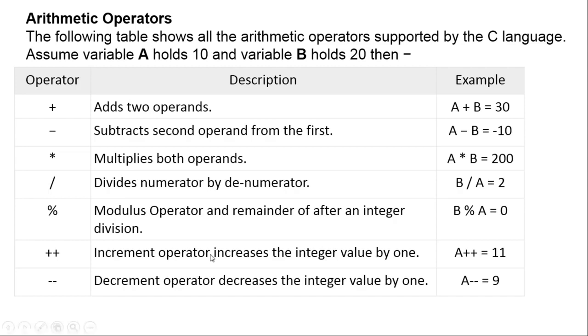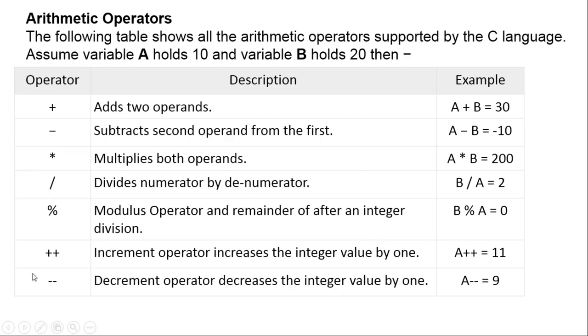Then the next operator is plus plus, the increment operator. The increment operator increases the integer value by 1. It means if I assign the value of A as 10, then A plus plus is equal to 11. If I assign the value of A as 2, then A plus plus is equal to 3. After performing the increment operator, the value is increased by 1.